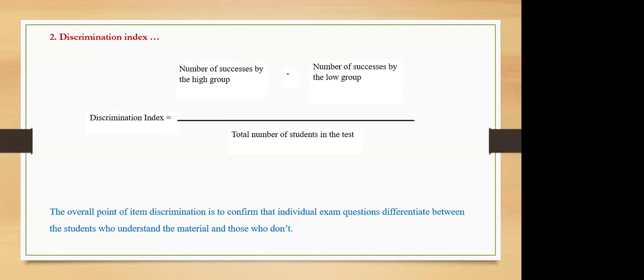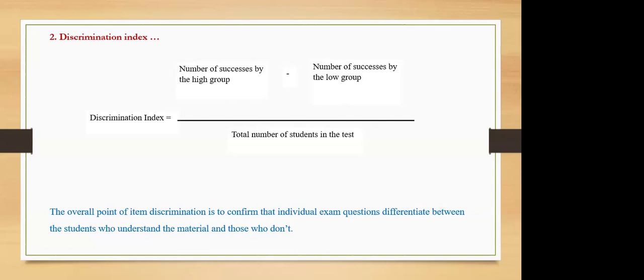Assume that our population is 50, so we distribute our paper among 50 students. Among them, 15 students got high marks, meaning above 75. The other 35 students got low marks, below 75.